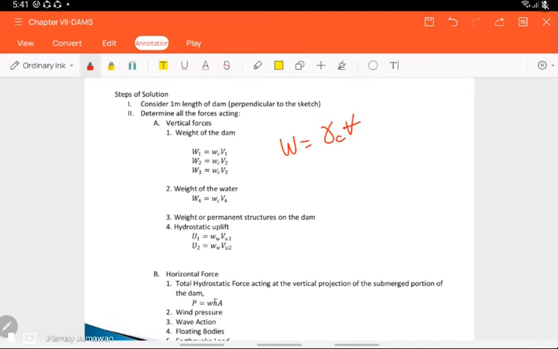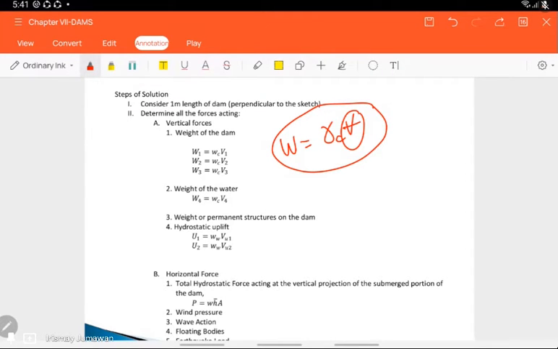If the material of the dam is concrete, that is the specific weight of the concrete. If the material is stone masonry, you have to determine the specific weight of the stone masonry. I will use V for volume, because if I use V like that, it can also denote velocity. So that one means volume. Okay, so for getting the weight, you have that formula.